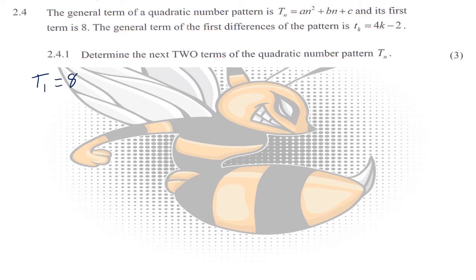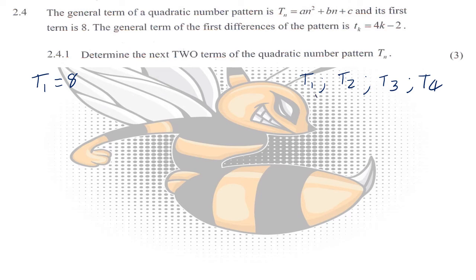Then they tell us that the general term of the first differences of the pattern is tk equals 4k minus 2. Now what they mean by that is, say for instance we have the quadratic number pattern. So we have term 1, term 2, term 3, term 4 from the quadratic number pattern.